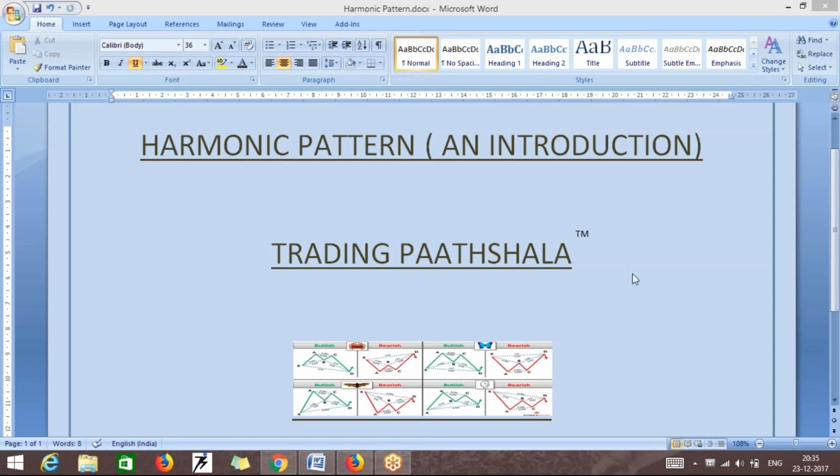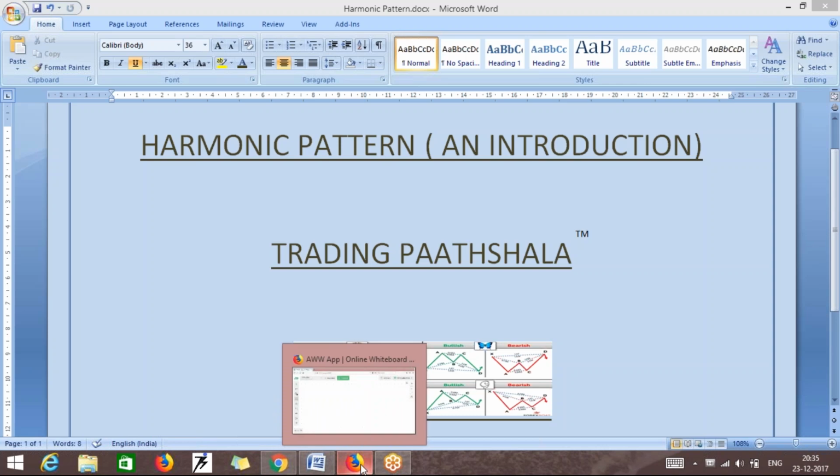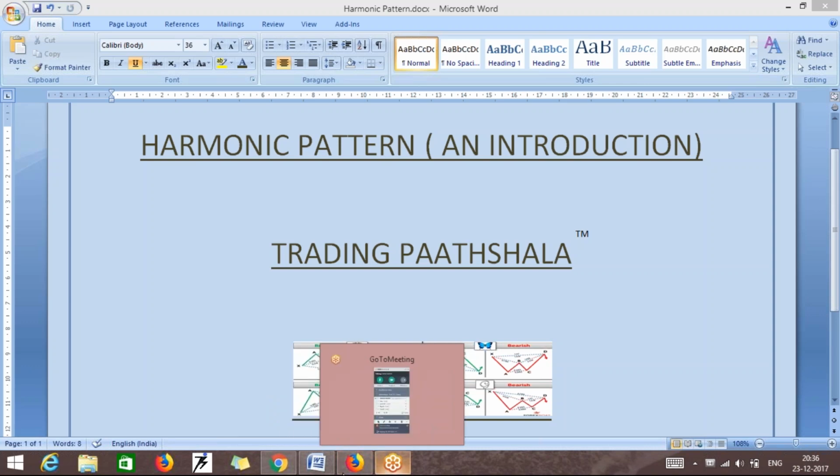So let's start. The first thing before moving to harmonic pattern: it uses the same Fibonacci, which we have already seen in case of Elliott wave analysis. So harmonic is also using Fibonacci retracement and extensions for any kind of reversal.